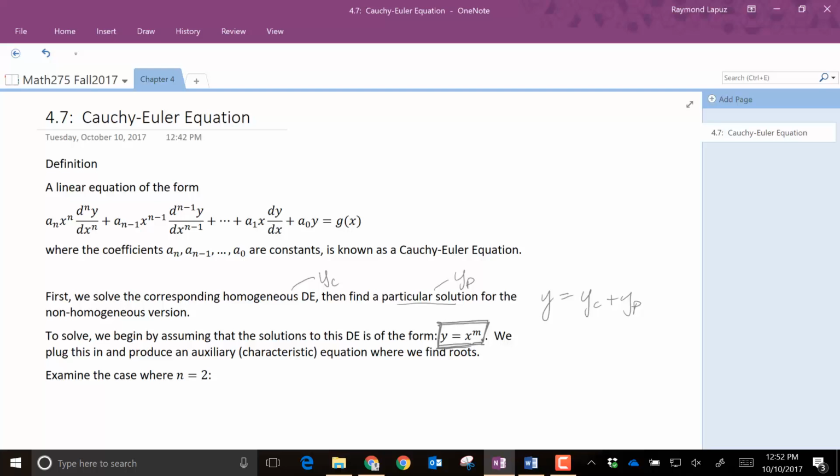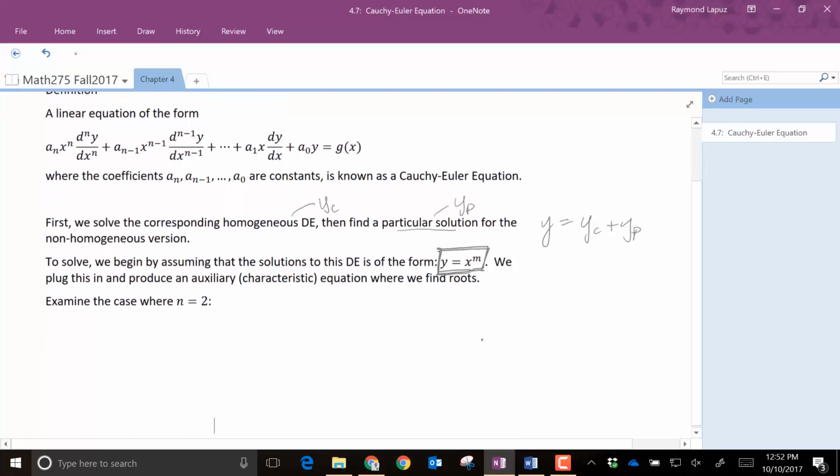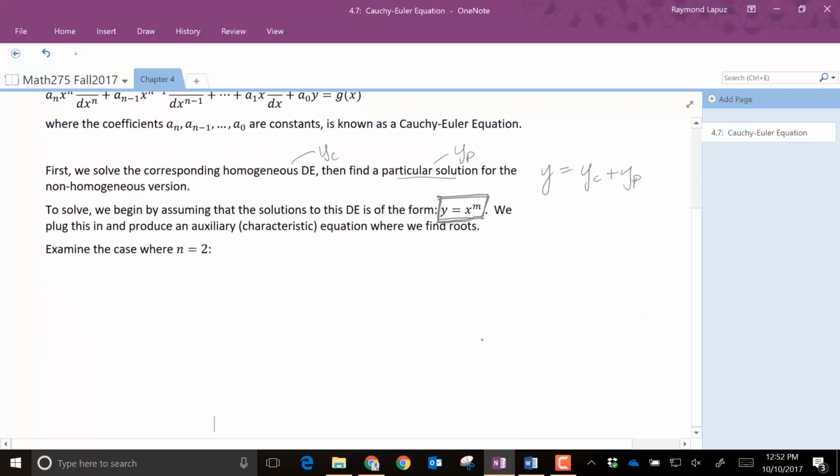Here we're going to take a look at the example where n is equal to 2. What does a Cauchy-Euler equation look like when n is equal to 2?